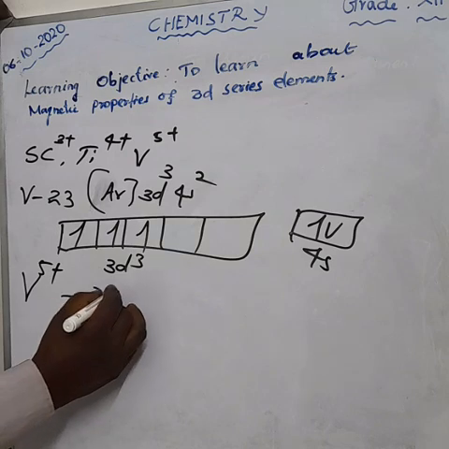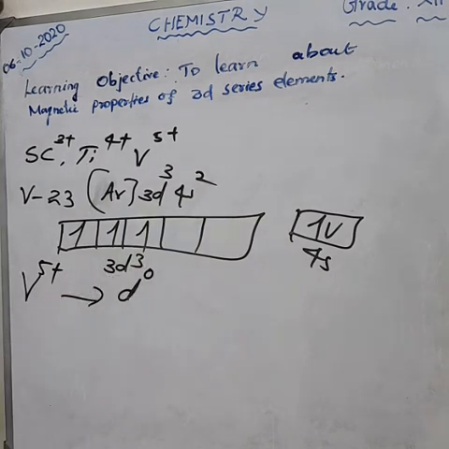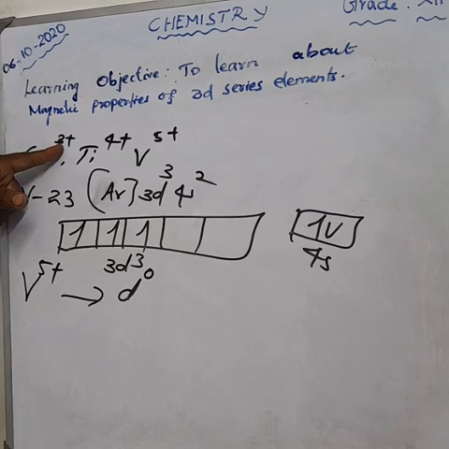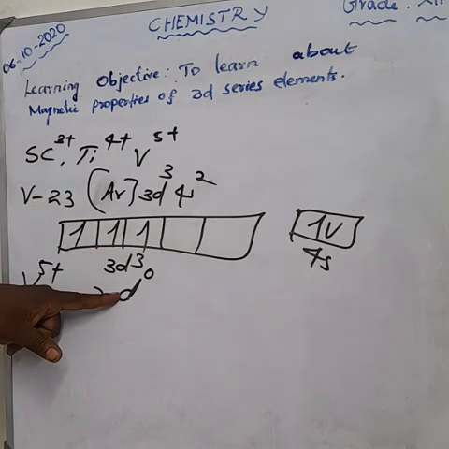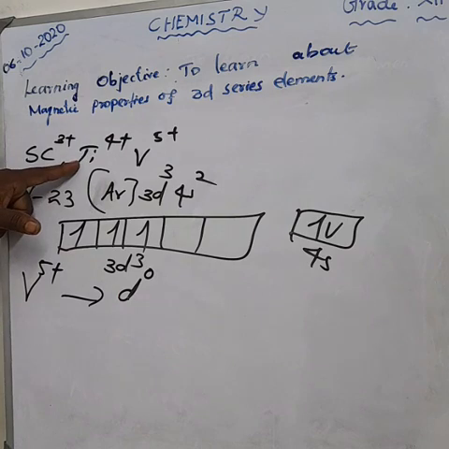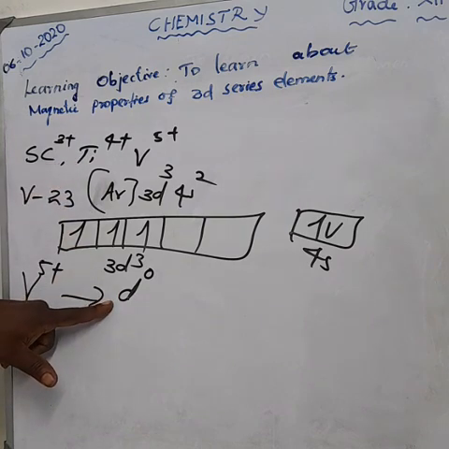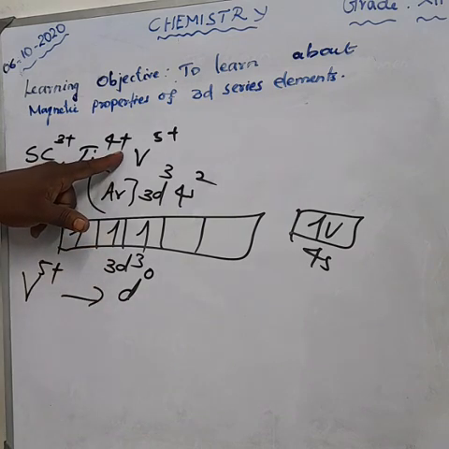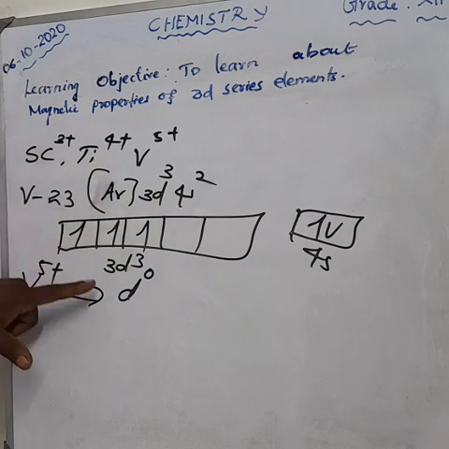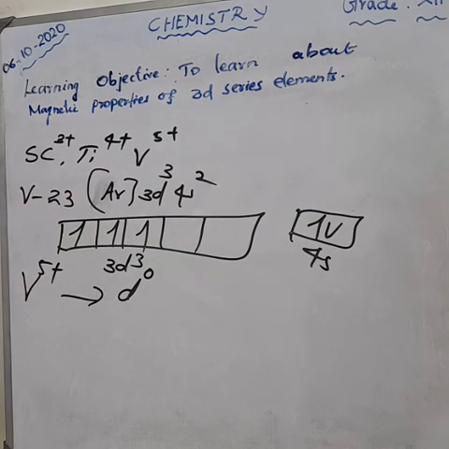That is d0 configuration. The question may be asked as a one-word question: what is the configuration of scandium Sc3+? d0. What about titanium Ti4+? d0 configuration. What about vanadium 5 plus? That is d0 configuration. These are the one-word questions.